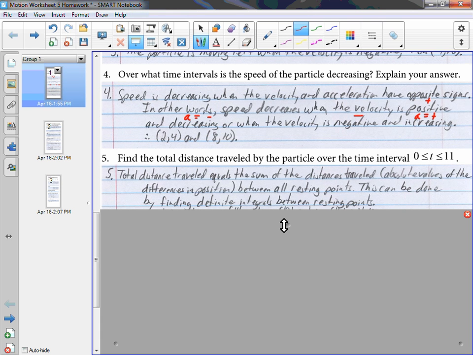And this can be done by finding definite integrals between resting points. Sometimes they've given us information where we actually can just kind of find the numbers. They give it to us in a table or whatever. But remember what definite integrals do. They accumulate things. They accumulate what?